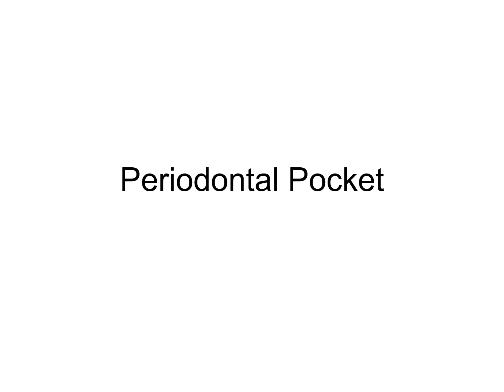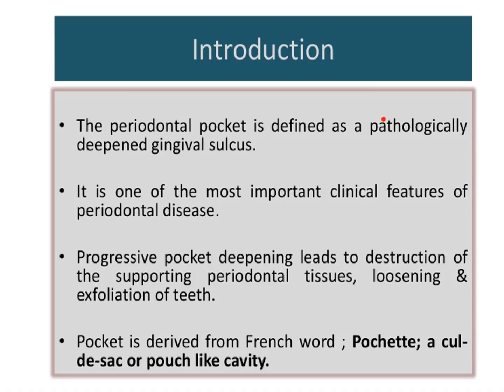Because of plaque and calculus, there is a tendency for these cells to migrate apically. When these cells migrate apically, it leads to an increase in the depth of the gingival sulcus, and this increase is known as a periodontal pocket. So, periodontal pocket is defined as a pathologically deepened gingival sulcus.